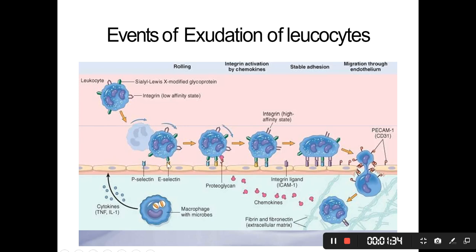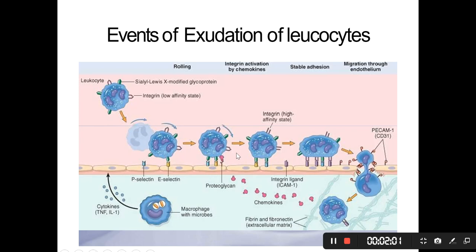You just have to know that these are the selectins on the endothelial surface, which help the neutrophil to attach itself to the endothelial surface. Integrins are present on the neutrophil surface, you can see over here, right? Now this is the rolling phase where it has come on the endothelium and it is rolling. Can you see? It is rolling.